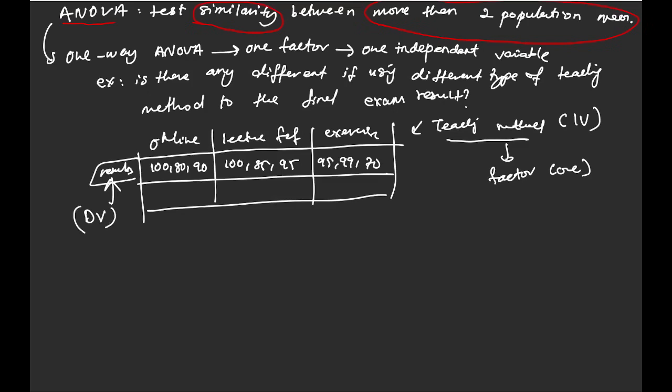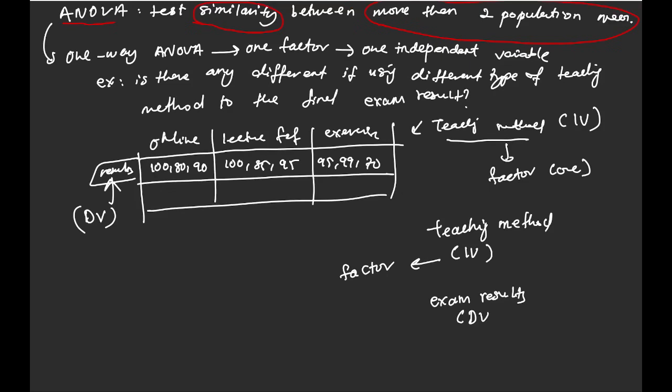Do different teaching methods give you different final exam results? So the teaching method is your independent variable, also your factor, and the exam results will be your dependent variable.